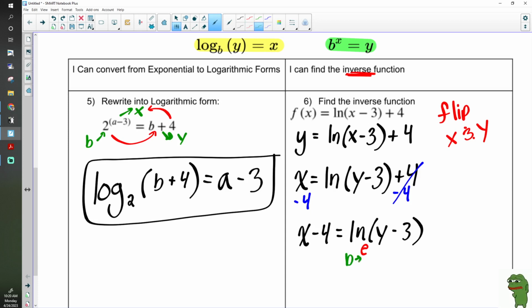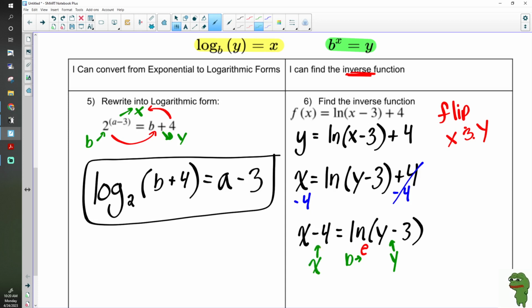Okay, the inside of the logarithm is our y, also because it has a y. Here, this is our x because it has an x, but that also follows our format.